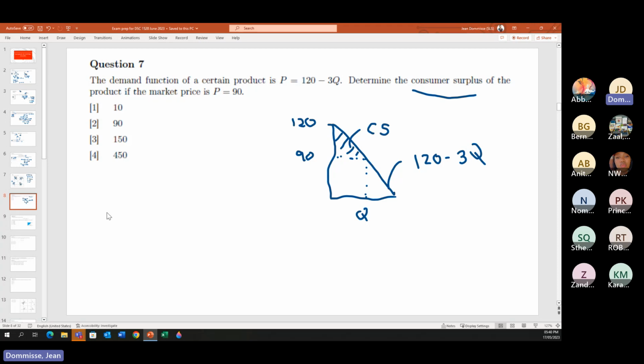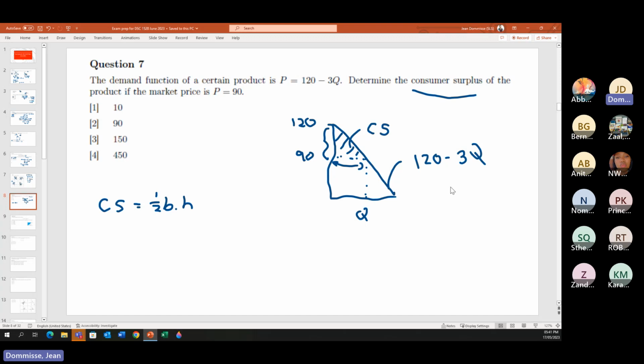The formula for that again is your maths formula of a half times base, whatever that length is, times height. Okay, so we have that, but we don't have Q yet.